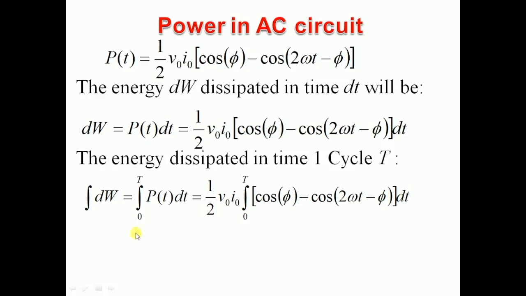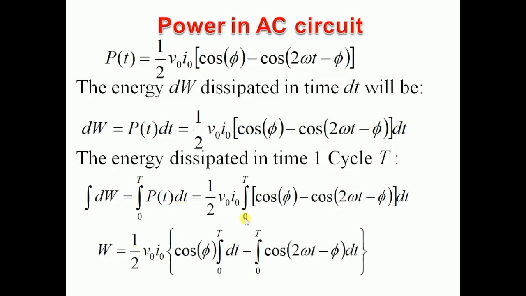Now integration dW will be W, and this integration runs from 0 to capital W, where capital W represents the energy dissipated in one complete cycle, and to describe one complete cycle the time runs from 0 to capital T, P of t dt.